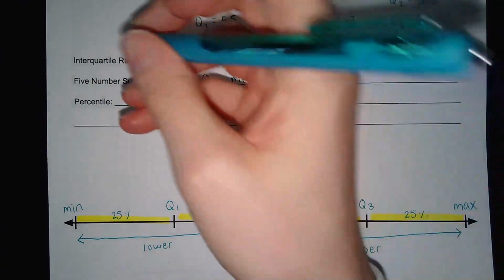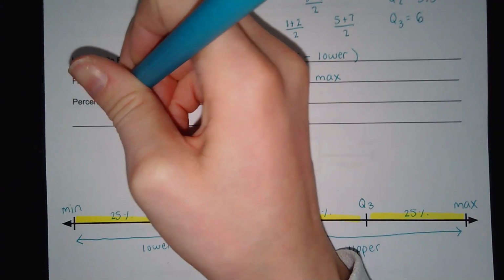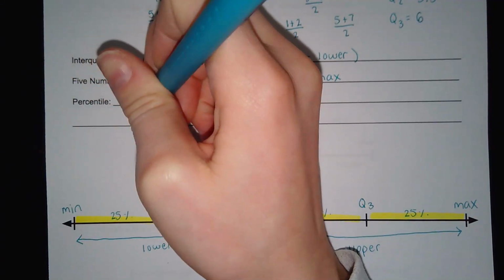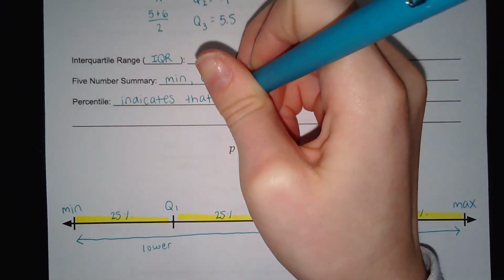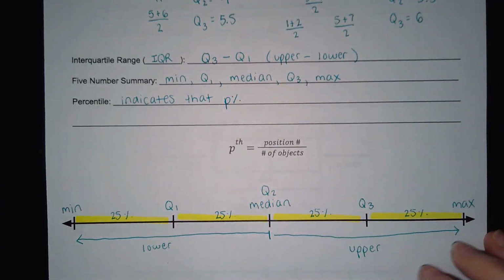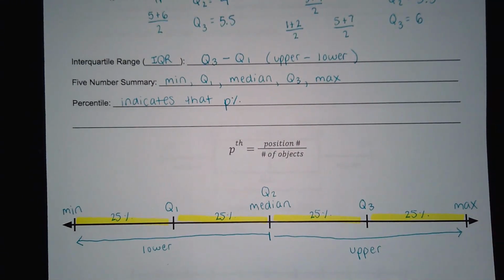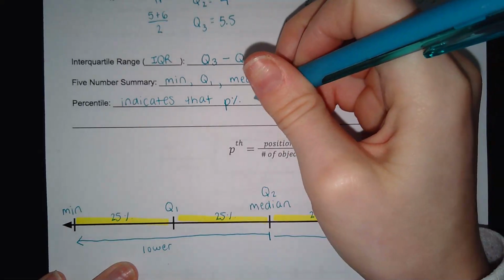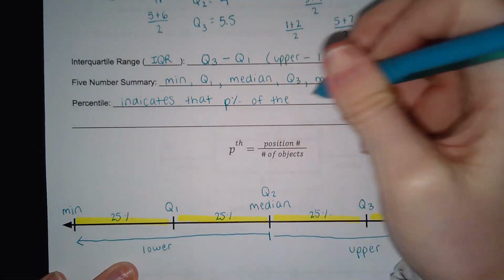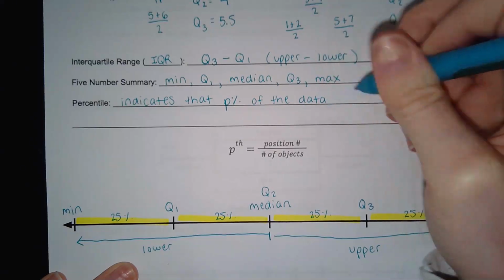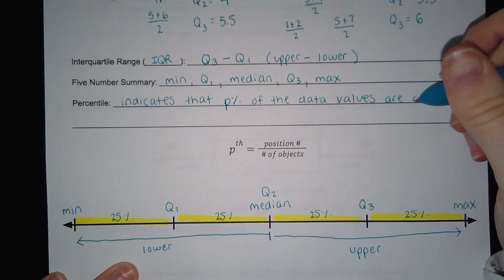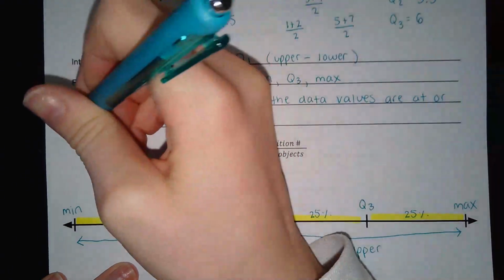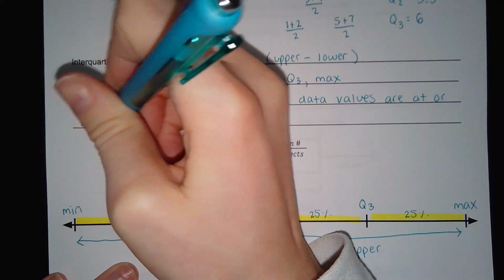So percentile we're going to define as it indicates that p%. So again, if it's the 90th percentile, that's 90% of the data values are at or below that data value.